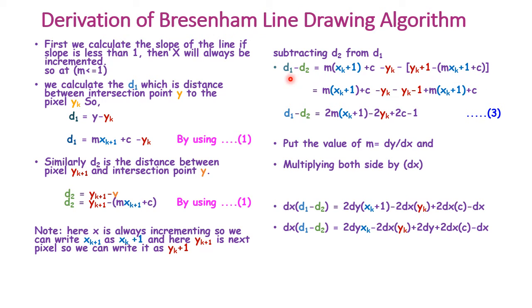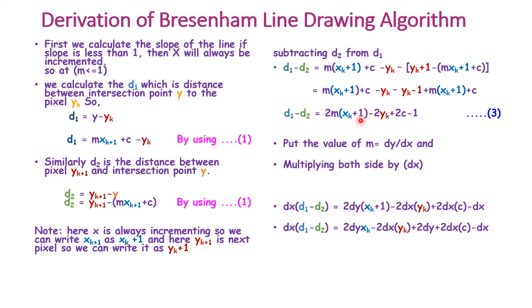Now after solving this equation we get equation as d1 minus d2 is equal to 2m in bracket xk plus 1 minus 2yk plus 2c minus 1, and call this equation as a third equation.